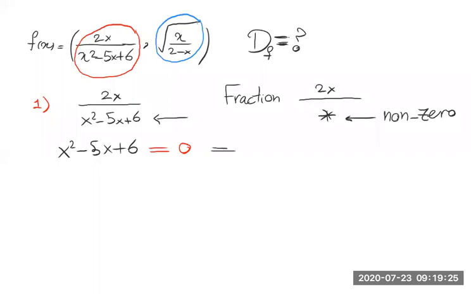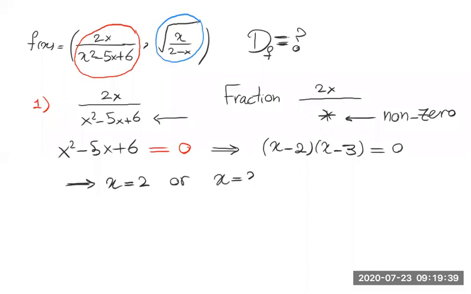Okay. On the other hand, this is equal to x minus 2 times x minus 3, which means x is either 2 or x is 3. So at these 2 points, the function is not defined.